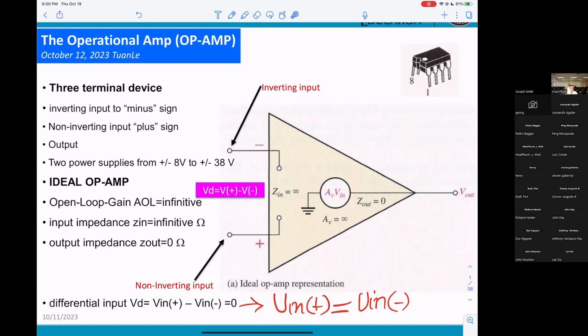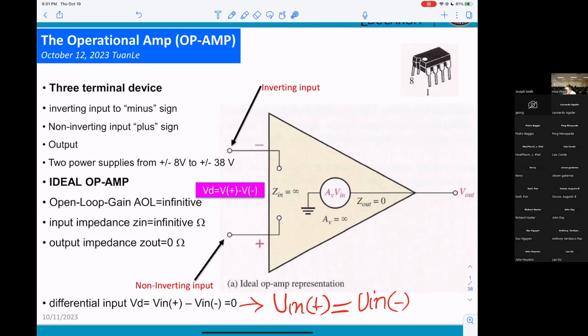Every time you see that symbol, that's what we try to summarize for you. Inverting input to the minus side, non-inverting input to the plus side, output, and power supply. They get plus or minus 8 volts up to plus or minus 38 volts. In the lab, you will be using 15 volts and minus 15 volts.